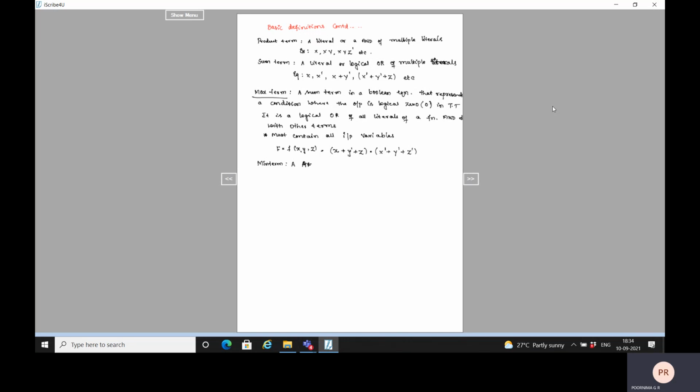It is an AND term in a Boolean expression or equation that represents a condition in the output function of the truth table as logical 0.